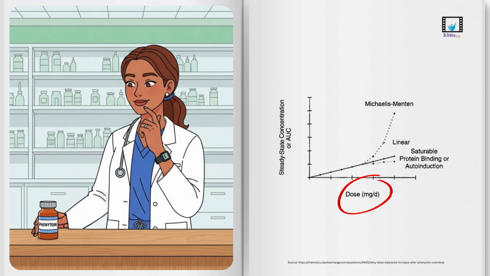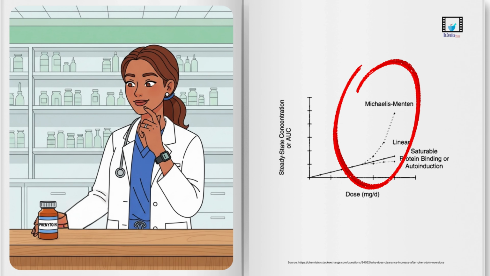So if you increase the phenytoin dose slightly, you suddenly have way more patients than the pharmacist can handle. Levels shoot up and toxicity happens. This is exactly why phenytoin doses must be increased slowly, and therapeutic drug monitoring is essential.